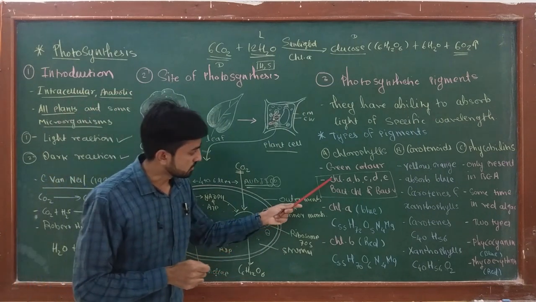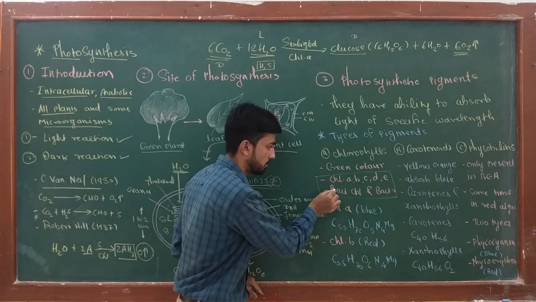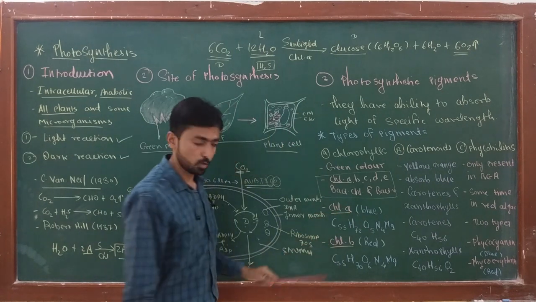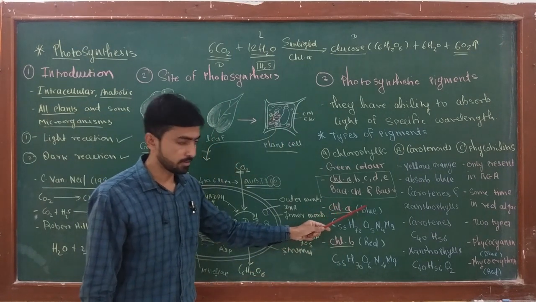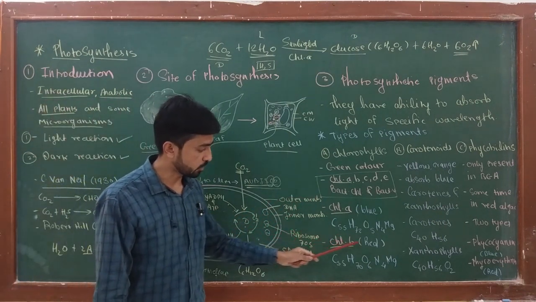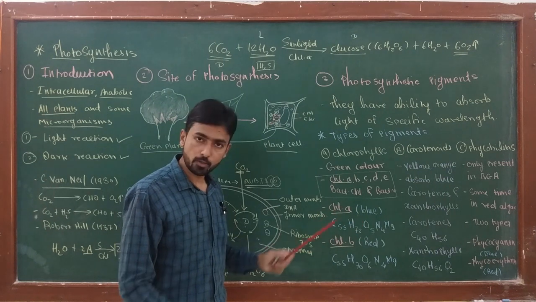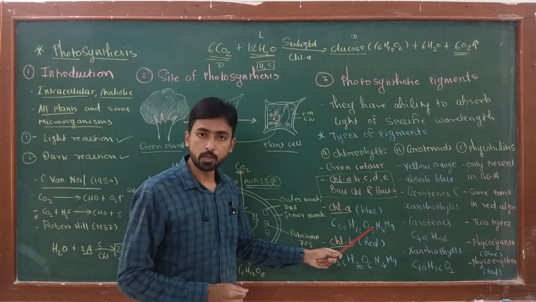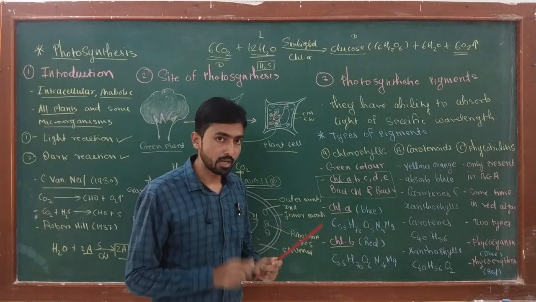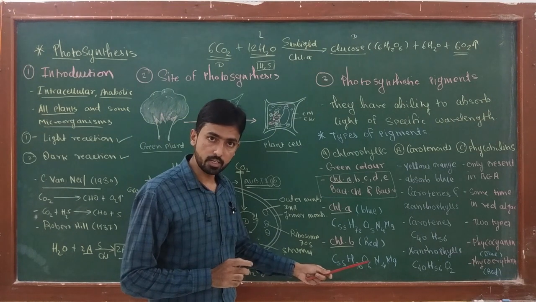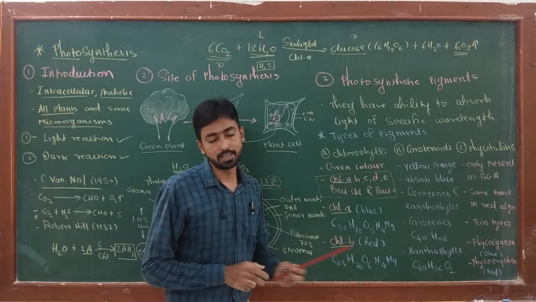Now the two important pigments out of these 7 are chlorophyll A and chlorophyll B. Chlorophyll A absorbs blue light, which is present in the grana, as well as chlorophyll B absorbs red light. The molecular formula of chlorophyll A is C55H72O5N4Mg, while the molecular formula of chlorophyll B is C55H70O6N4Mg.